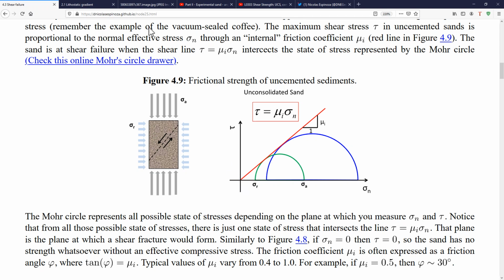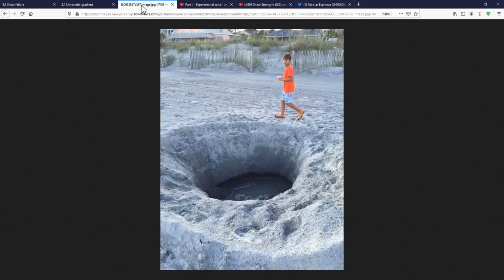And again, this is the case of the uncemented loose sand without any confining stress, like for example here, dry sand on the beach, or for example the uncemented sand that could be located on the seafloor with zero effective stress.